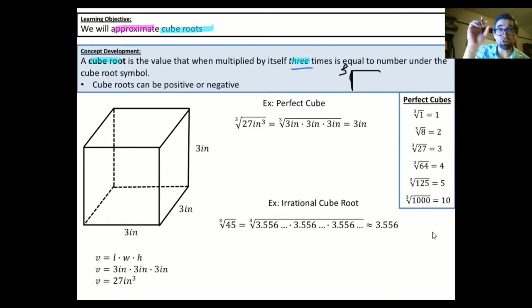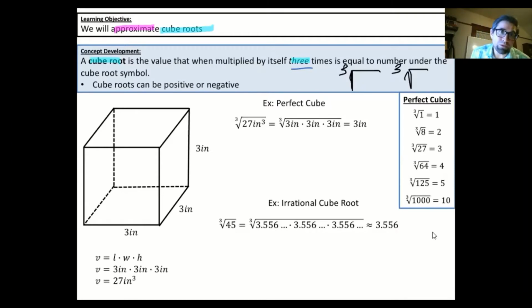And it's a superscript. It's written higher and smaller. So this is the cube root symbol, not to be confused with the square root symbol, which we typically write without the 2. Let me go ahead and erase this so we're not confused. The cube root symbol, again, is just like a square root symbol, only we add the little 3 here to let us know we're talking about a cube root.